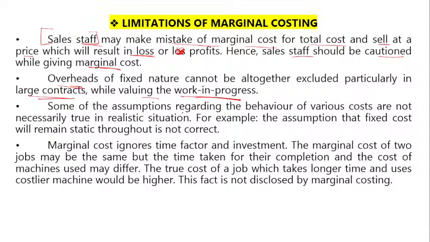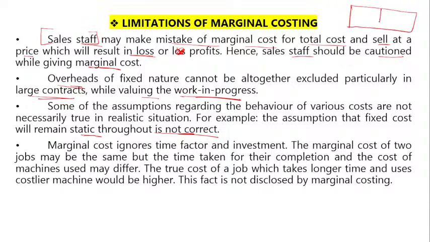Some of the assumptions regarding the behavior of the variable cost are not necessarily true in realistic situations. For example, the assumption that fixed costs will remain static throughout is not correct. That means fixed cost does not remain static if they are increasing the production. Suppose there is a rent. This is the best example I have in my mind.